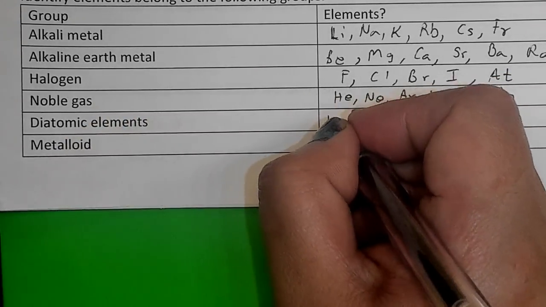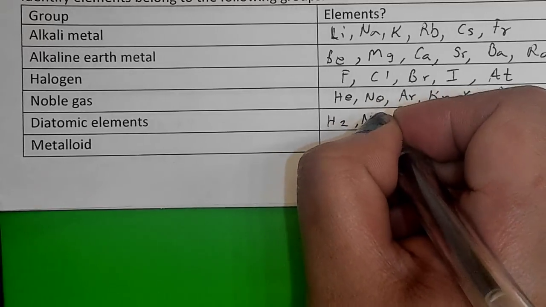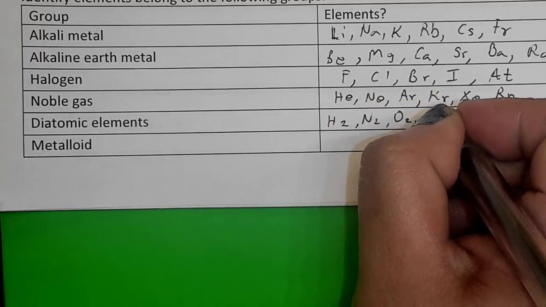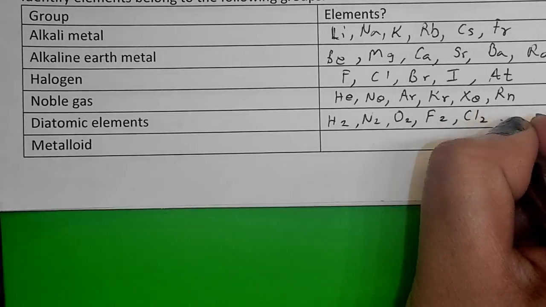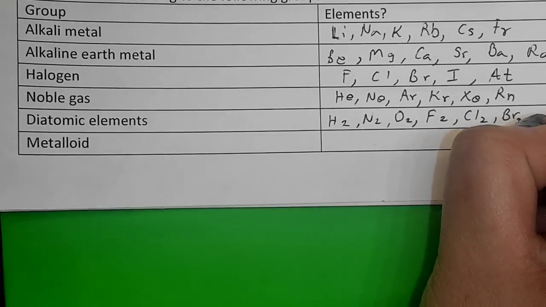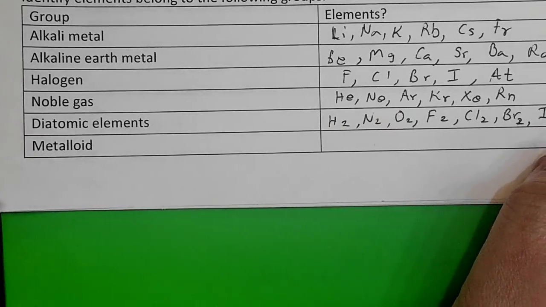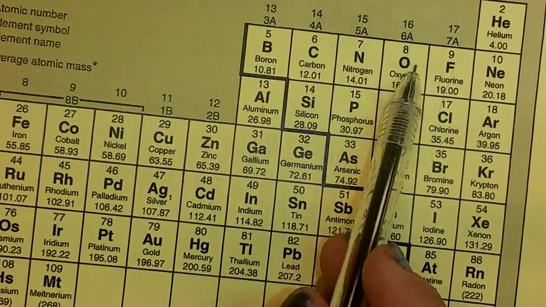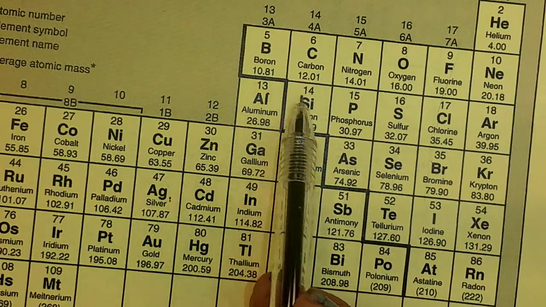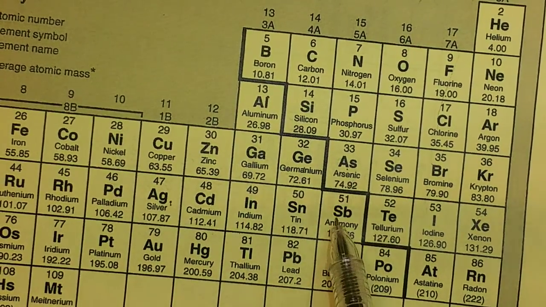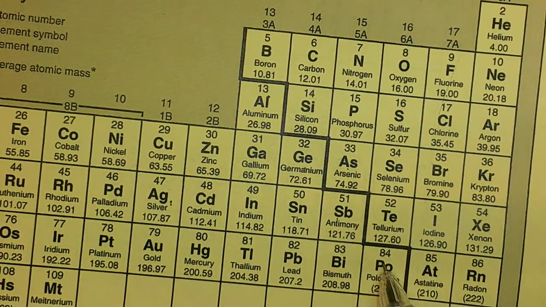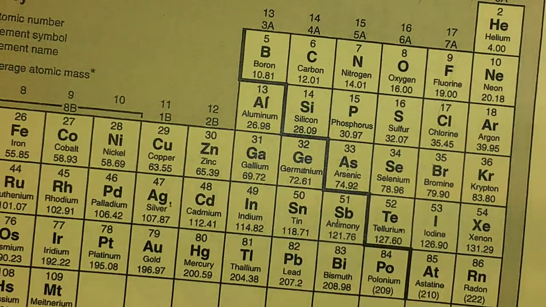Diatomic, starting with H. H2, N2, O2, F2, Cl2, Br2, I2. These are all diatomic. Metalloid, those are the ones that are around the staircase. This one, this one, this one, this one, this one, and this one. Sometimes they talk about polonium, but we're not going to include this one, okay?